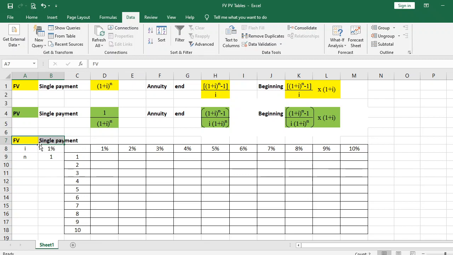So for the future value of a single payment, what is the formula? Is equal to open bracket 1 plus I choose this, close bracket, to the power n, which is this. I have found out the result for this formula.